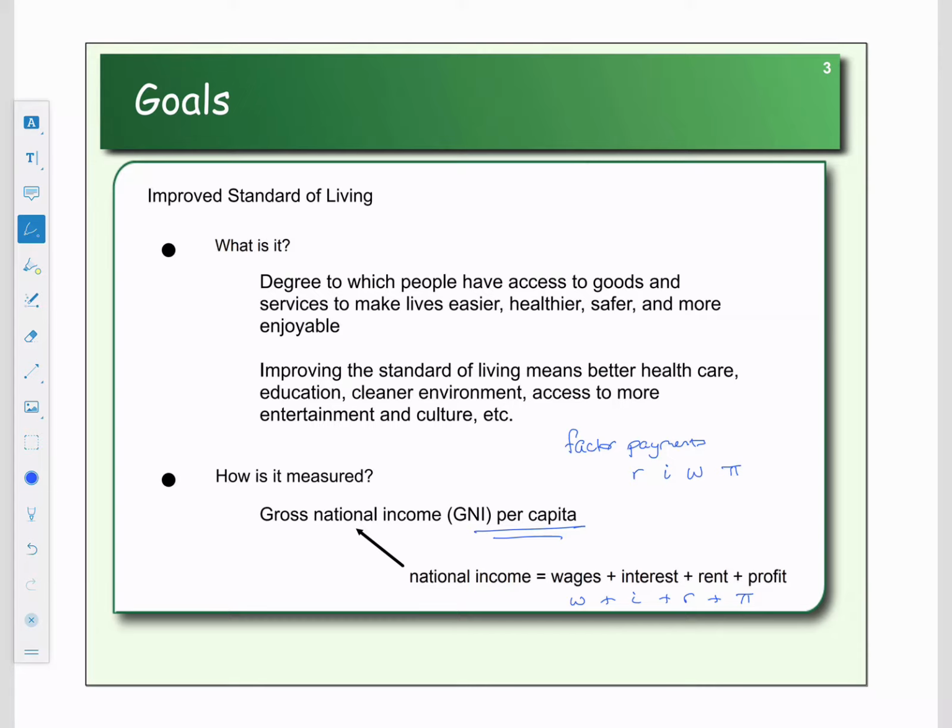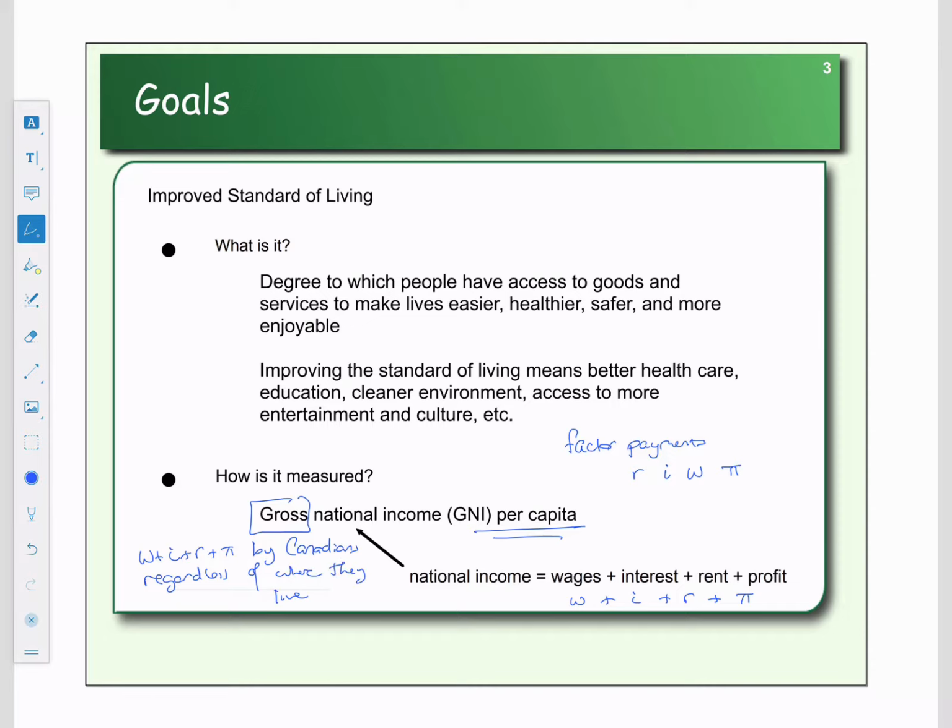Now, we look at gross national income per capita. So this "gross" gives a special meaning. Gross national income per capita is the wages, interest, rent, and profits by Canadians, regardless of where they live.